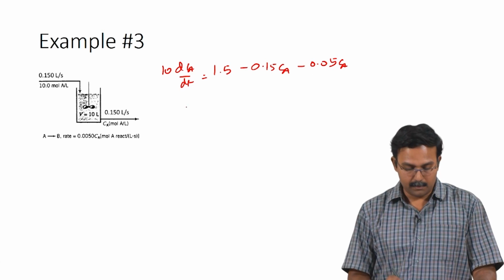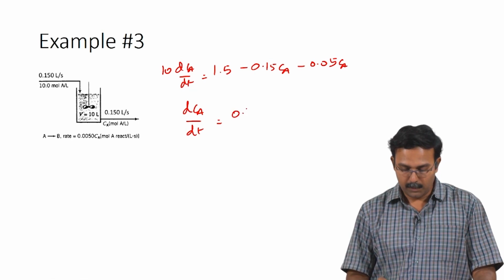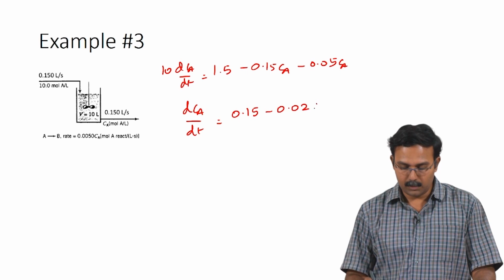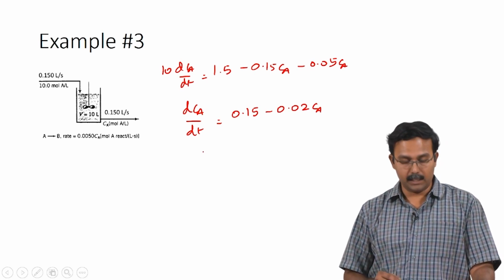So this equation becomes dCa/dt equals 0.15 minus 0.02 Ca.